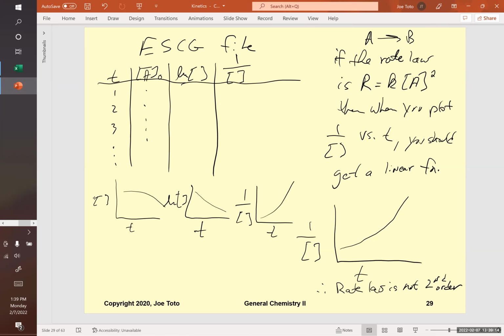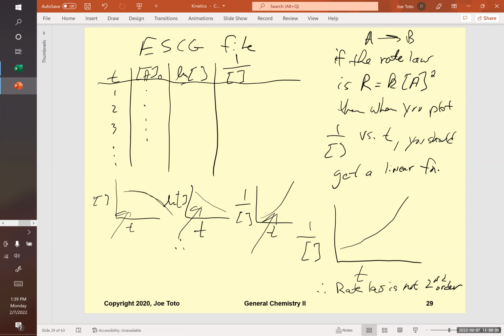And so you see right away that, well, geez, the concentration versus time is not linear, so it's not 0th order. The 1 over concentration versus time is again not linear, so it's not second order, but the log of the concentration versus time does give you a linear function.